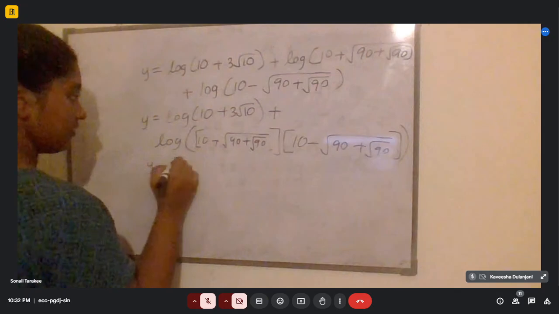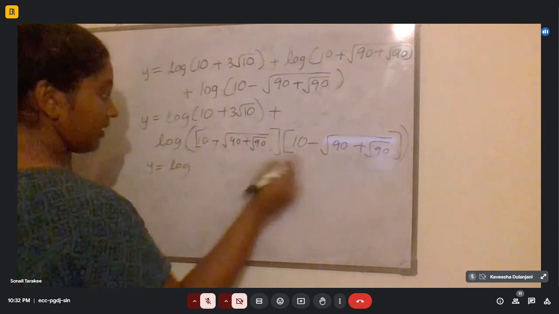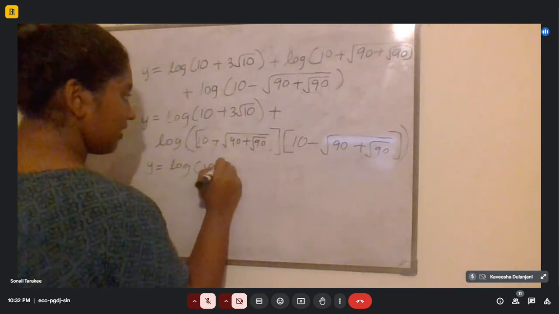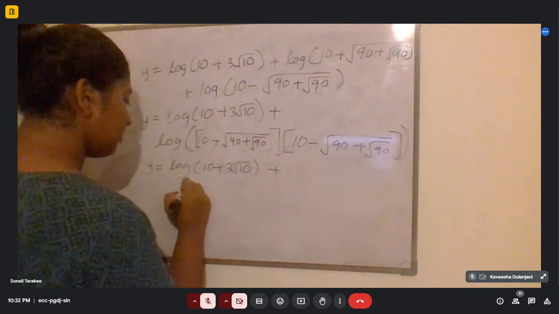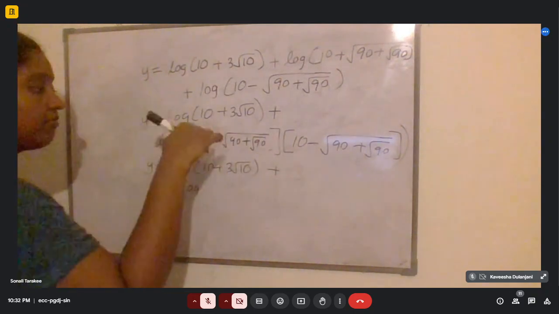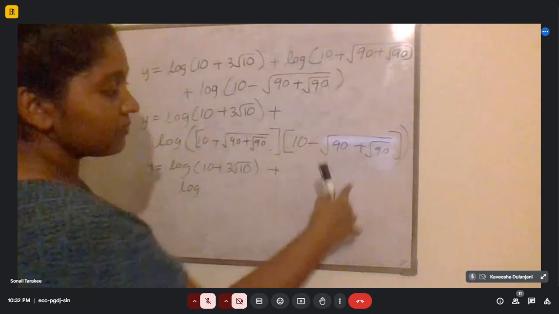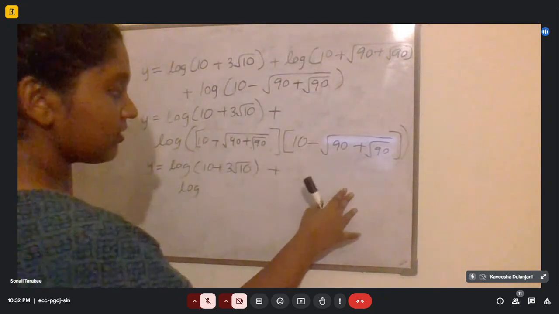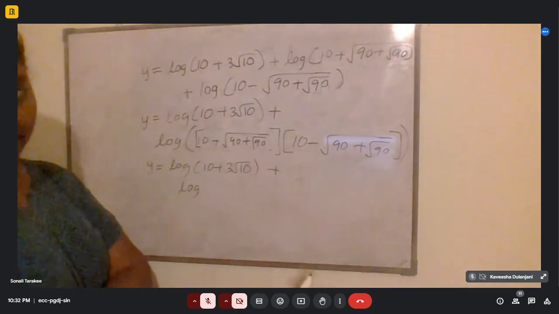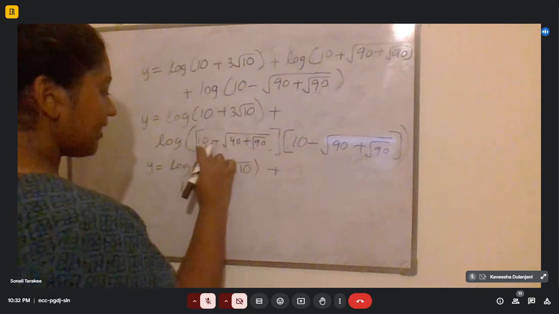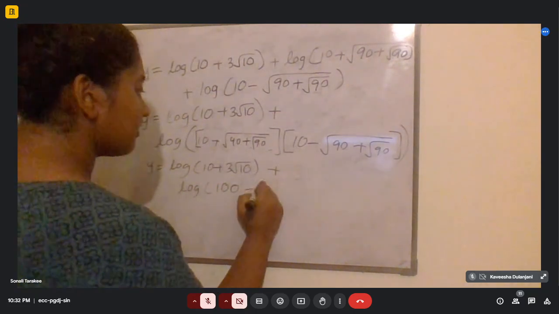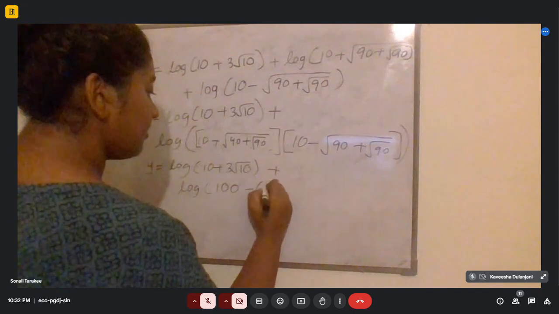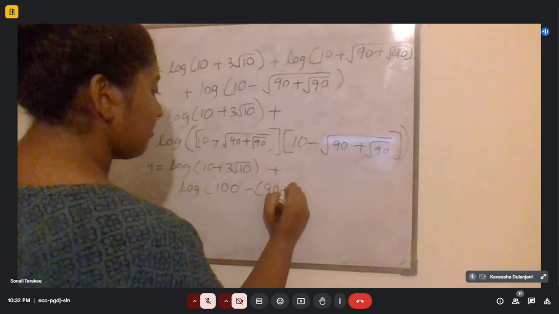Then you can multiply these. You have 10 plus 3 root 10 plus log. Now this is in the form a plus b, a minus b, which means a squared minus b squared. So here a squared is 100 minus, here it's 90 plus root 90.